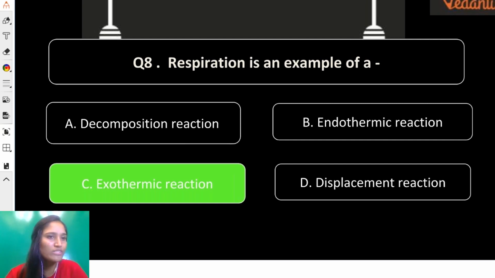Am I clear? Whoever was confused, I don't want to reveal your name, but are you clear now? When we say respiration, we are talking about the entire phenomenon of respiration. So we can't choose decomposition all alone. It's a mixture of both. So respiration is an example of exothermic. Endothermic, no. Displacement, never.